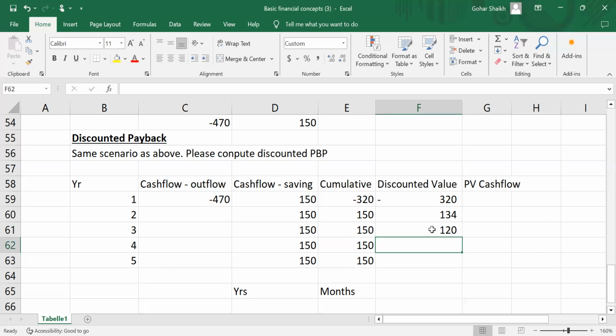So we get 120. And for the fourth year, we will do 150 multiplied by 1 plus R, 12%, to the power 4 minus 1, which is negative 3.